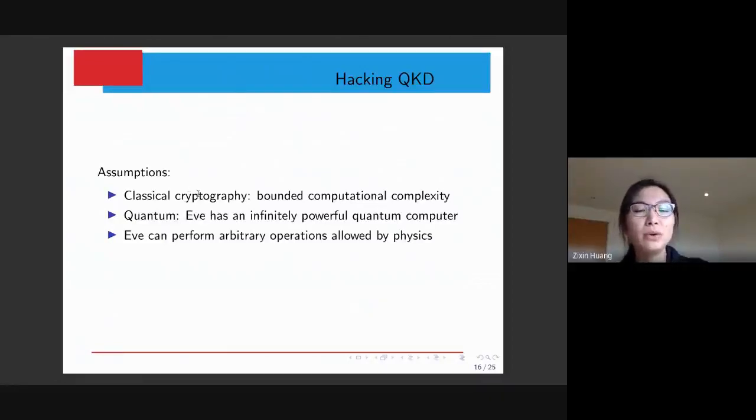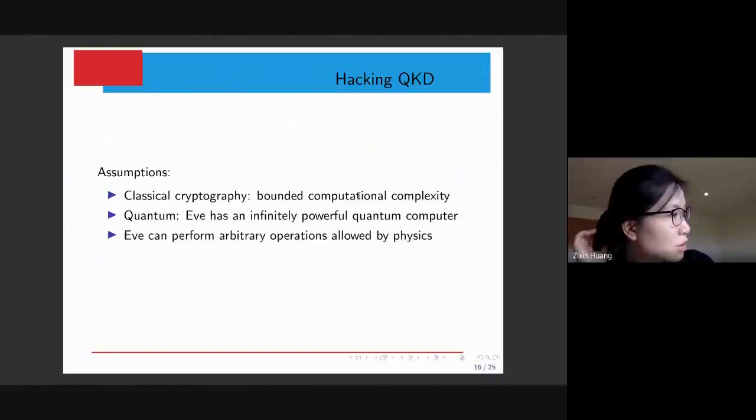We talked about before that classical cryptography assumes a bounded computational capacity. We assume that a potential eavesdropper has bounded computational capacity. So this is assuming that we're using functions or encryptions that could potentially cost the eavesdropper an enormous amount of time to hack, or years and years.